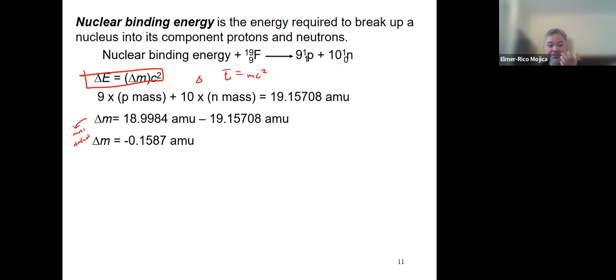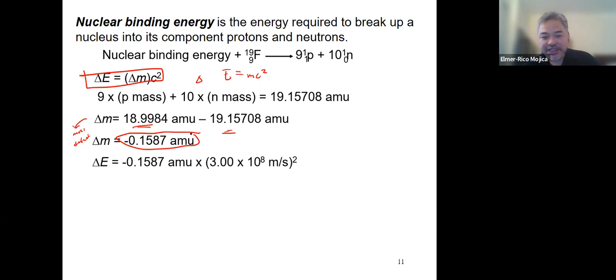For instance, the atomic mass of your fluorine is this. Now when you break them down, you have 9 protons, which you multiply by the mass of the proton, and 10 neutrons, which you multiply by the mass of the neutron. So you get the value of this. There's a difference, and that is what we call the mass defect.